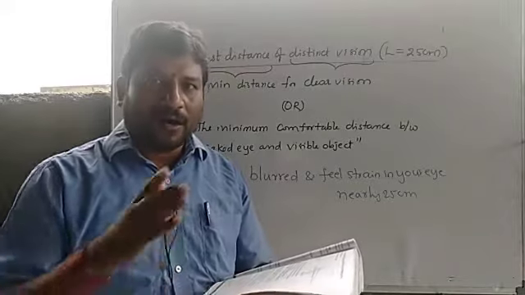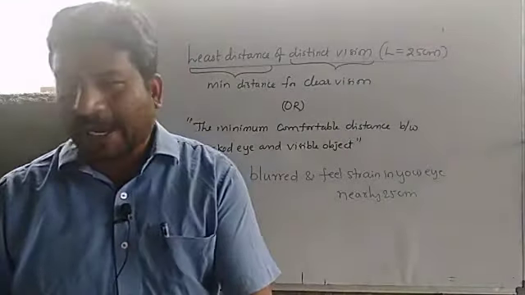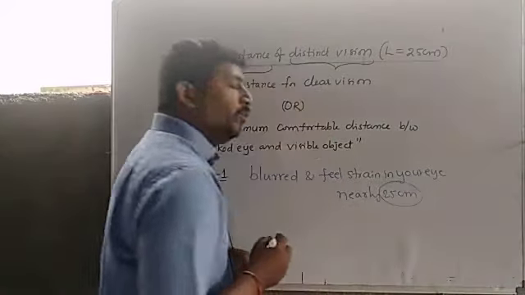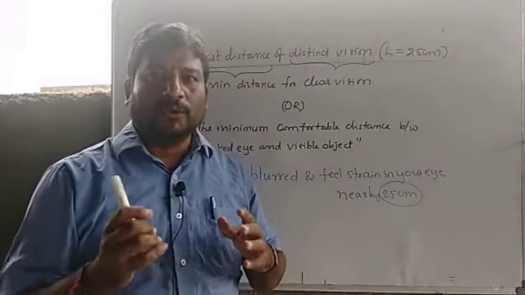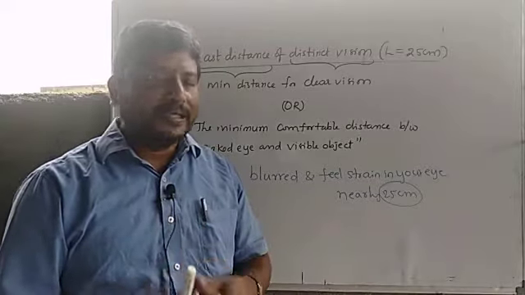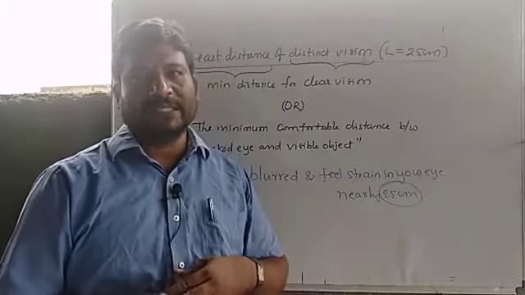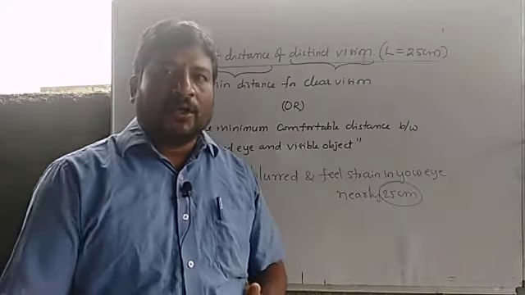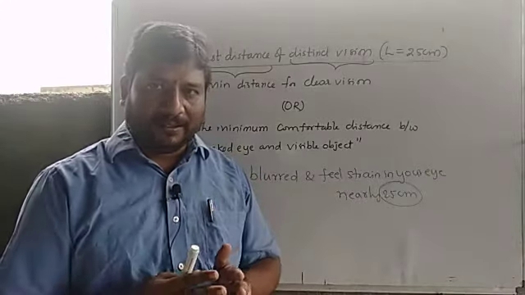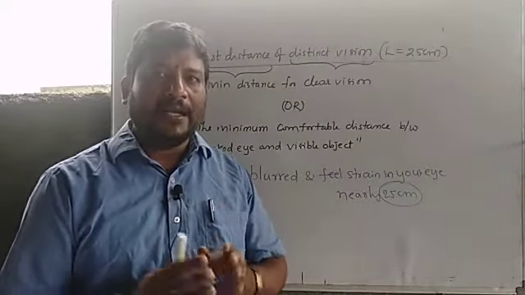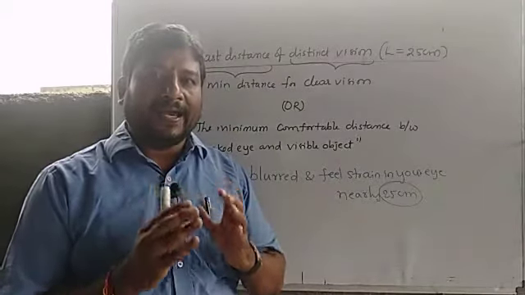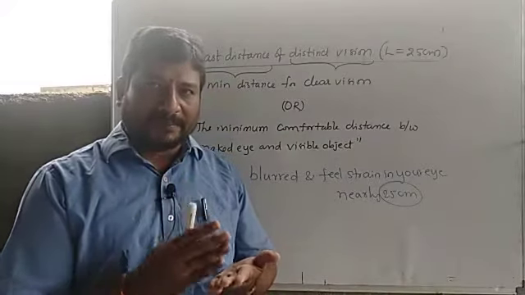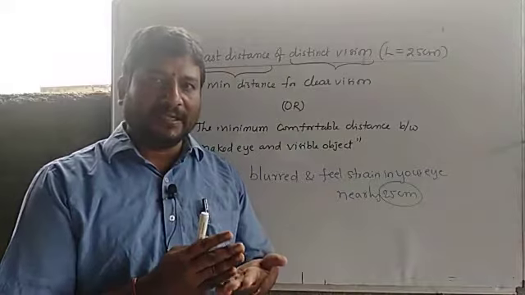You notice that the average value is equal to 25 centimeters. That means to see an object clearly, the object must be at 25 centimeters from your eye.